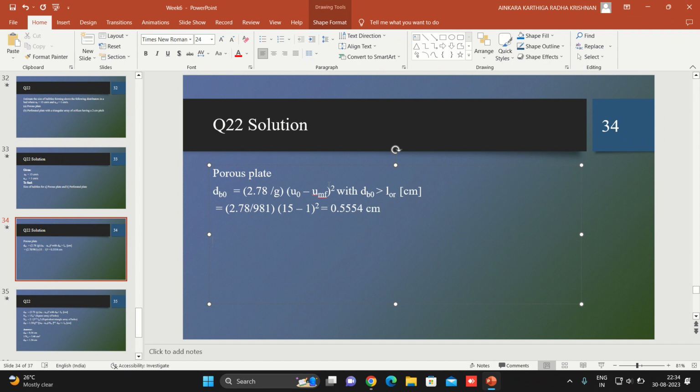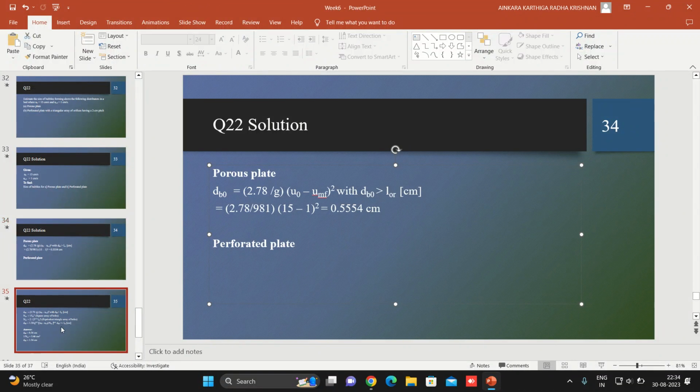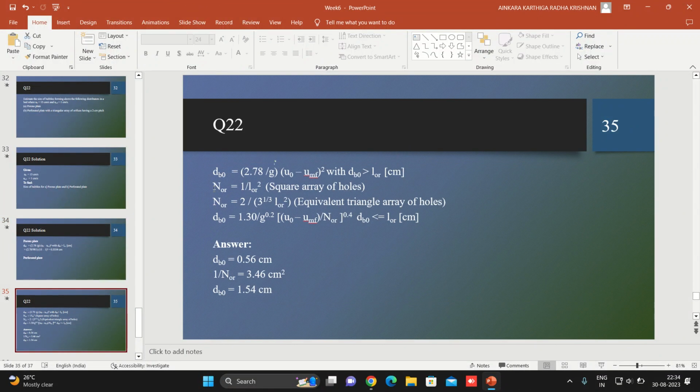Next comes the perforated plate. So the formula for the same is given by this.